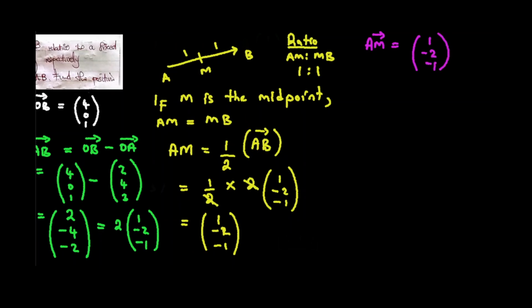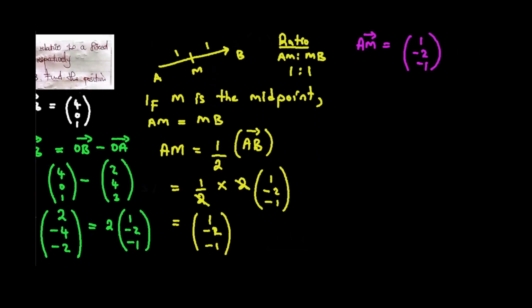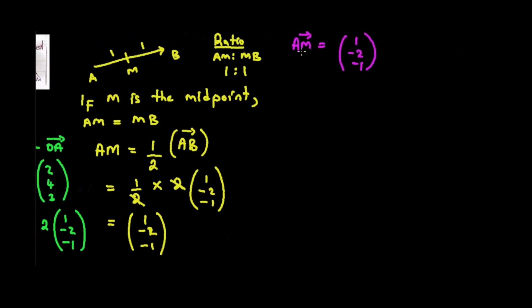So maybe let me make it a task here. Your task is to find AM using AB as (2, minus 4, minus 2). So this is the task you have to take away from this lesson. Okay. So we see that AM is equal to (1, minus 2, minus 1).